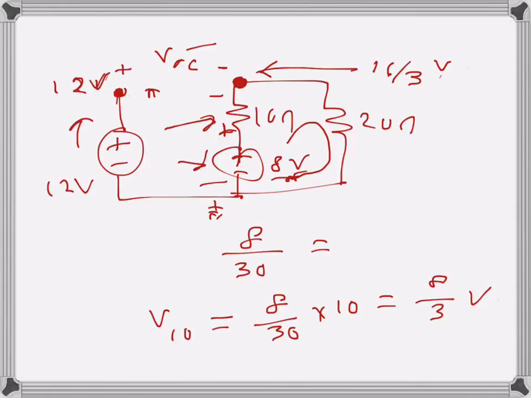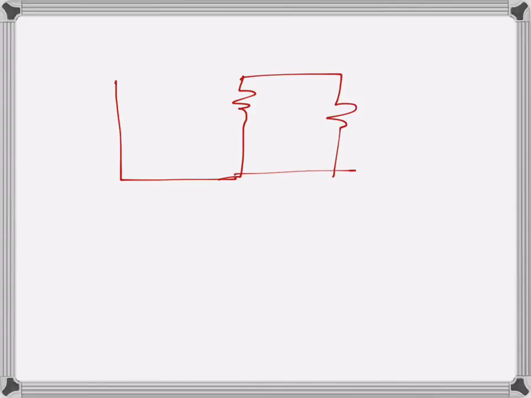Now we need to find R Thevenin. In order to do that, we have to make all the sources inactive. There are two sources. Once we make them inactive, the circuit becomes like that. What is the resistance? 10 ohms here, 20 ohms here. So what is the resistance as seen from here?